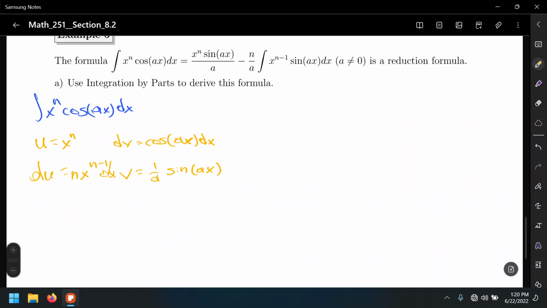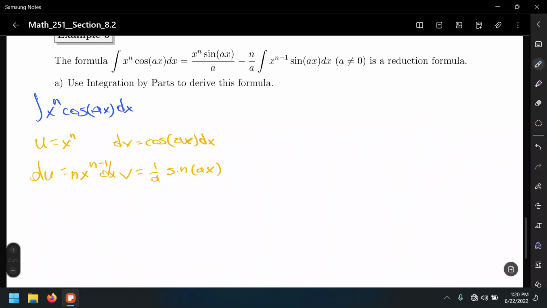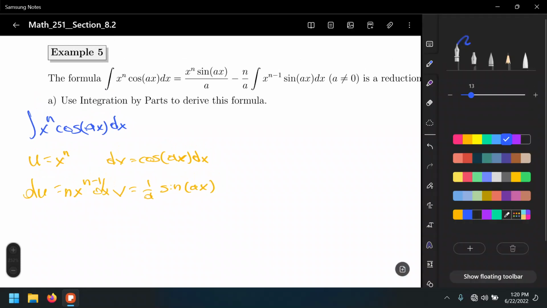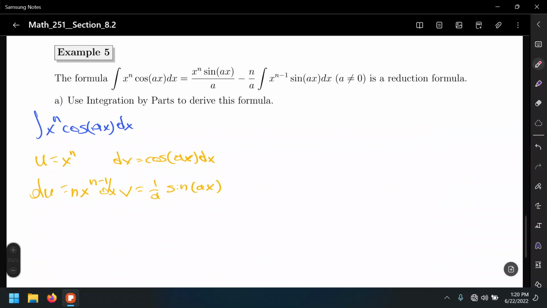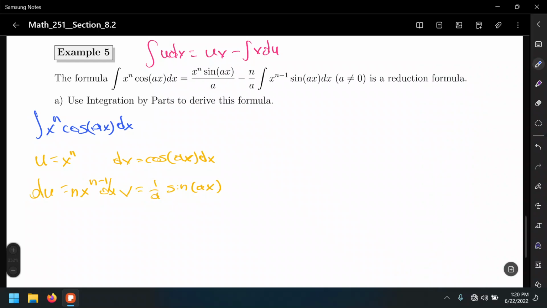So using the integration by parts formula, let me write it down at the top again. The integral of u dv equals u times v minus the integral of v du, where u is x to the n, v is 1 over a sine ax.